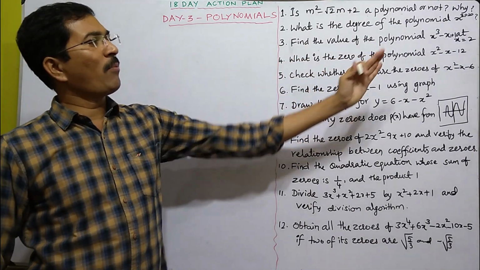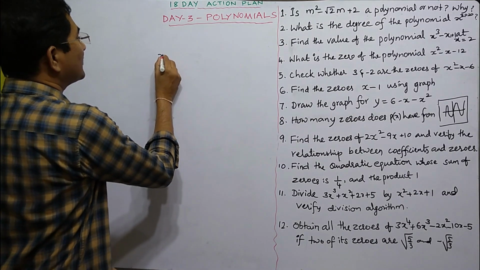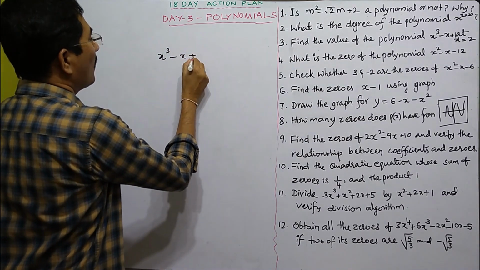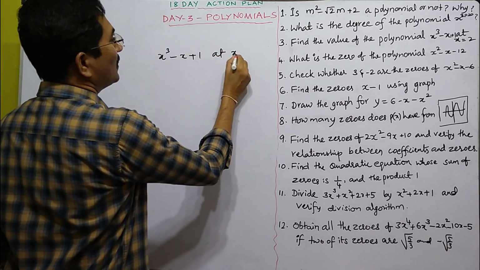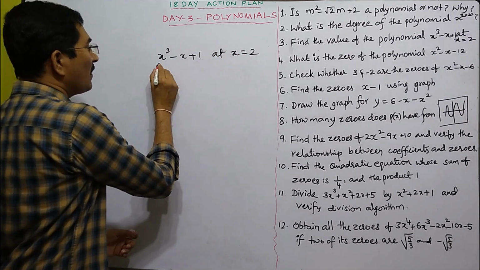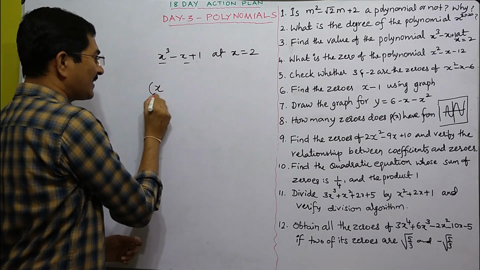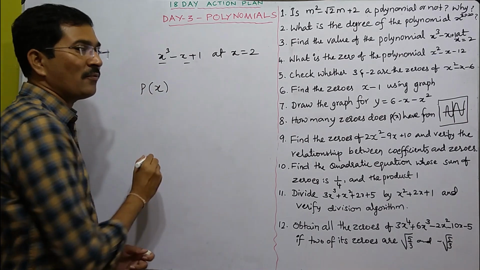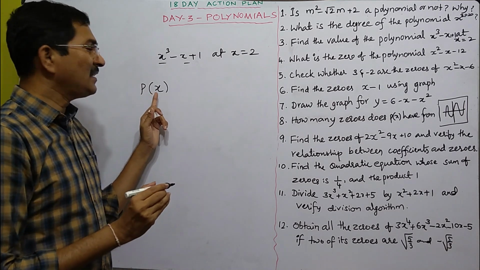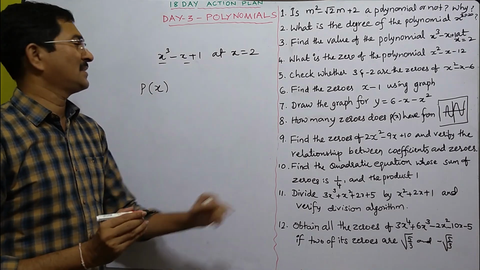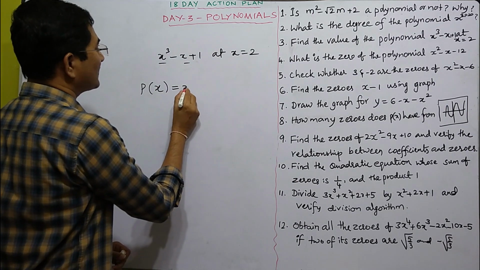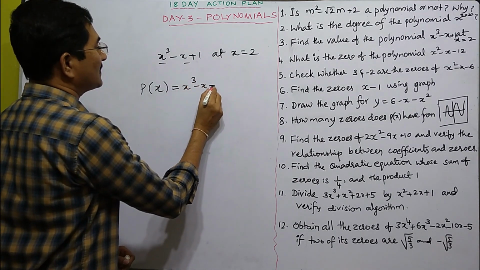Find the value of the polynomial x cube minus x plus 1 at x is equal to 2. When we have a polynomial having x as the variable, we write it like this and call it p of x. So p of x can be written as x cube minus x plus 1.